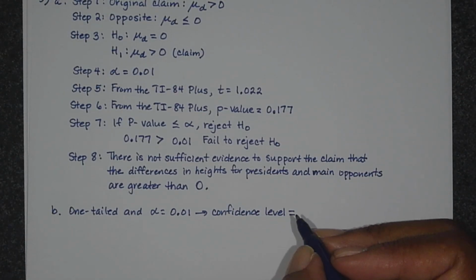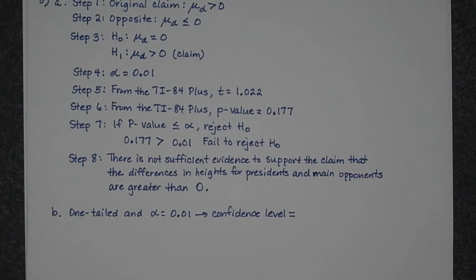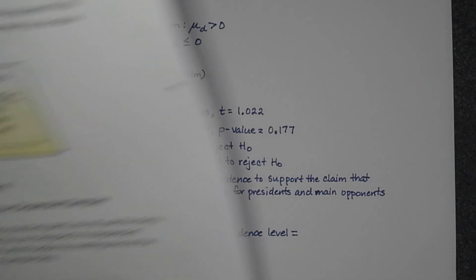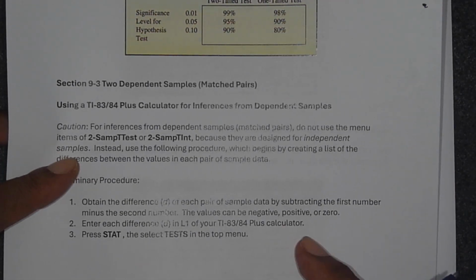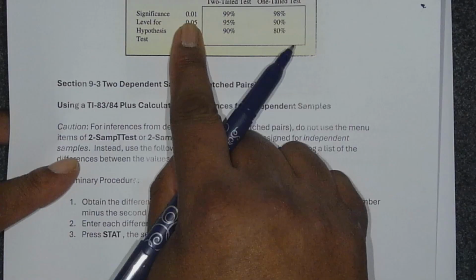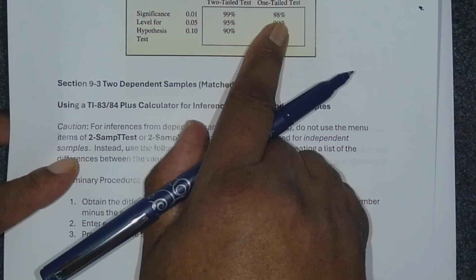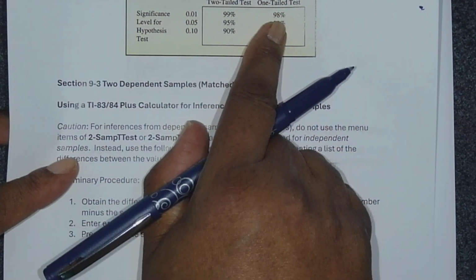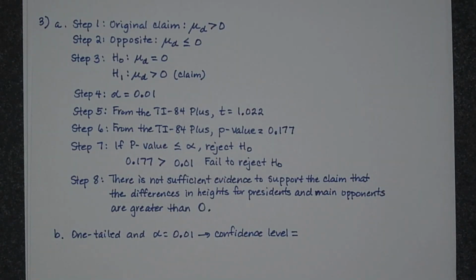So that confidence level, .01, one-tail test, the confidence level is 98%.